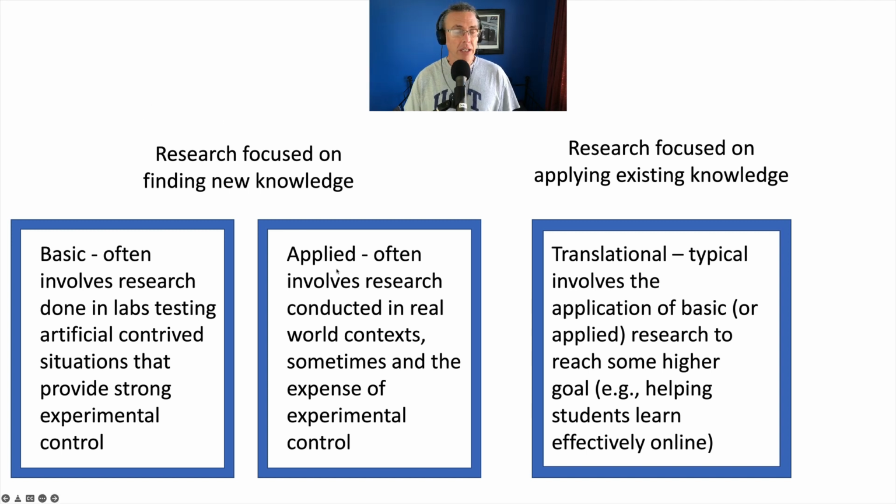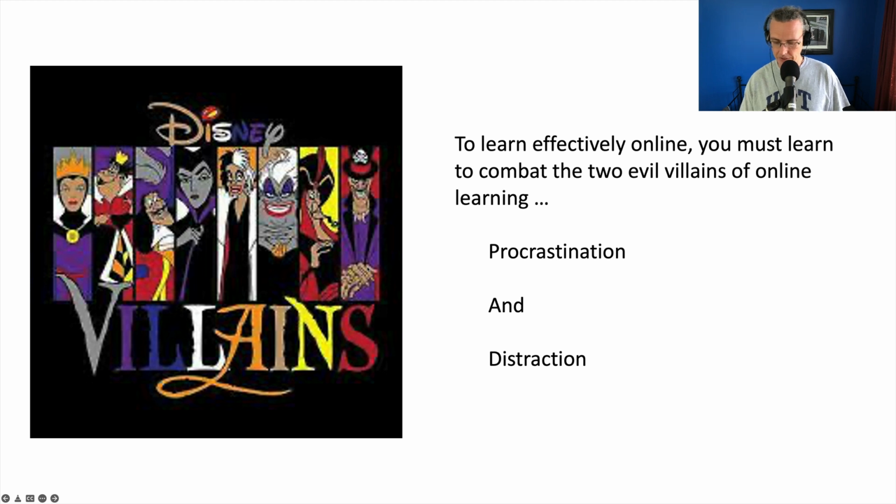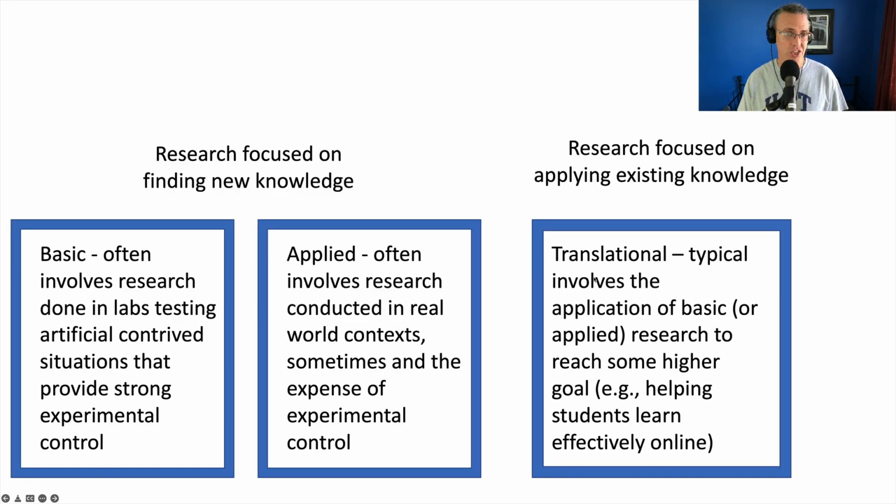Okay, cool. So where does this translational thing sneak in? Well, here's the critical distinction to get. The research is focused on applying existing knowledge. So it's not about gaining new knowledge. It's like, hey, we already know something about things. I'll be more specific in just a moment with my example.